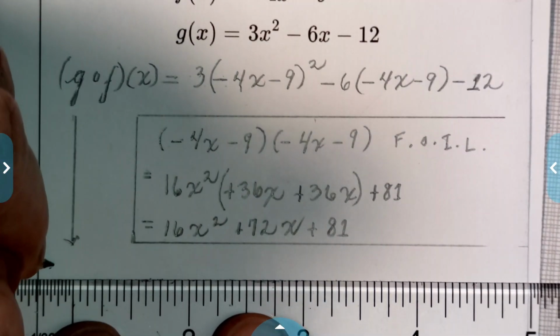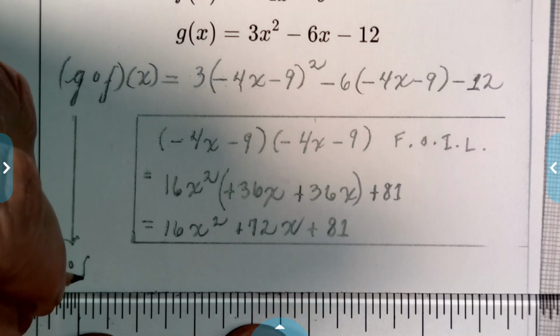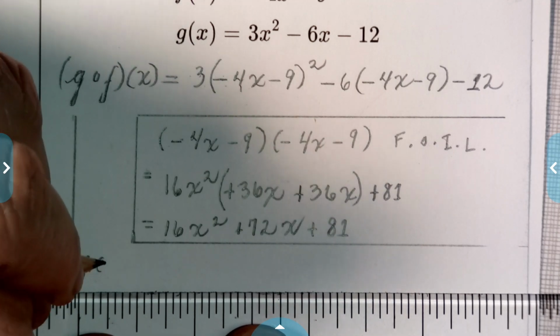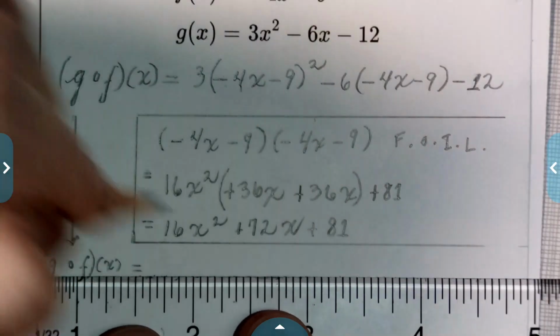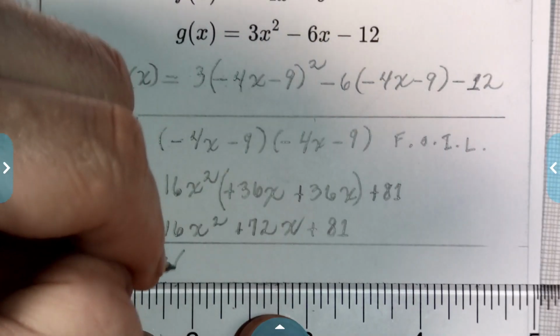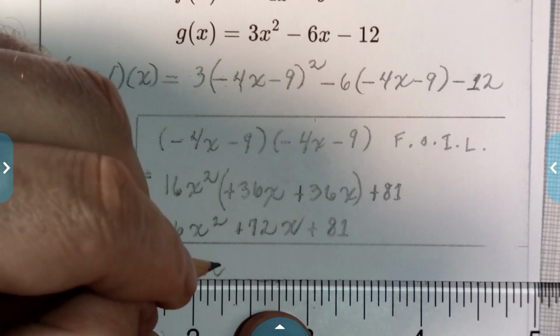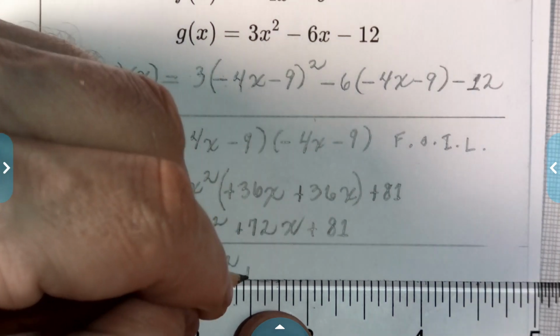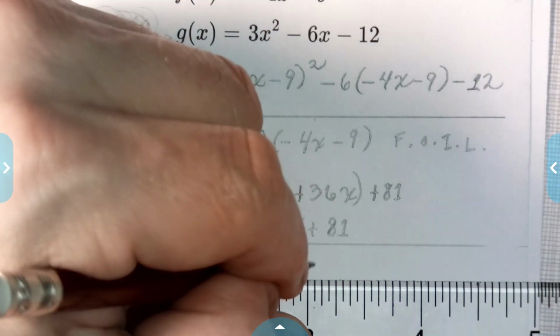So we have G, the composition of G and F at X, equals 3, open parentheses, and then 16x squared. That's what we just did, plus 72x plus 81.